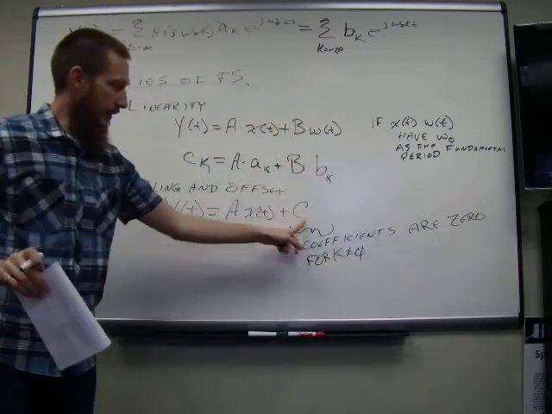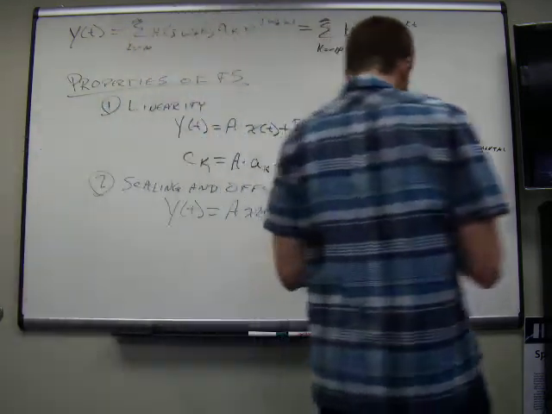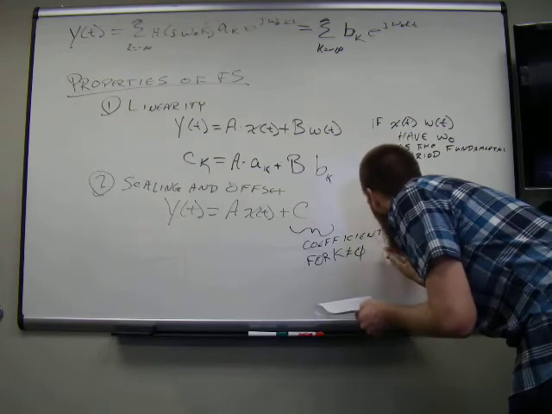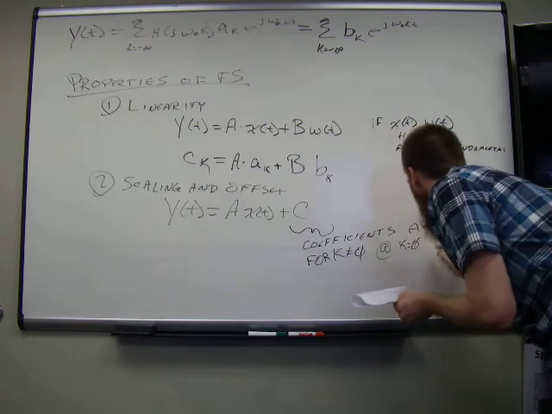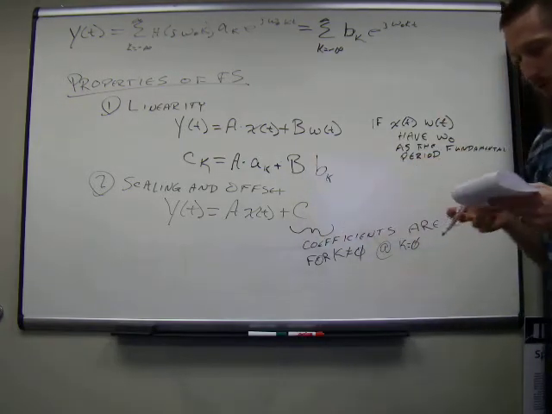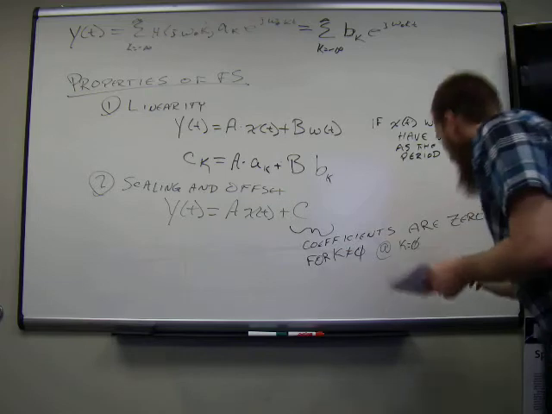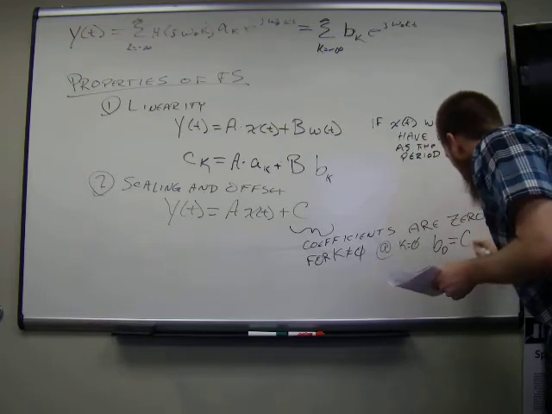So, this doesn't have any frequency content except at k equal to 0, the coefficient, and for this one we're going to use this notation: b of 0 is equal to c.